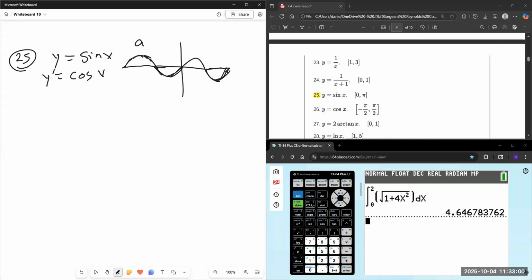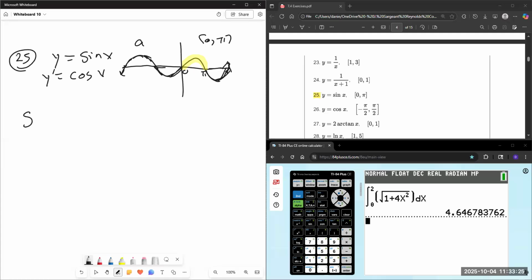All right, and then we're interested in the interval of 0 to pi. This keeps going on this end, this keeps going on this end. Grab my highlighter. 0 to pi is this bit right here, between those first two x-intercepts on the right.